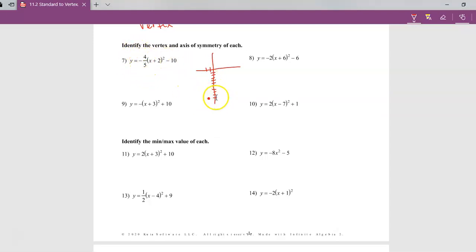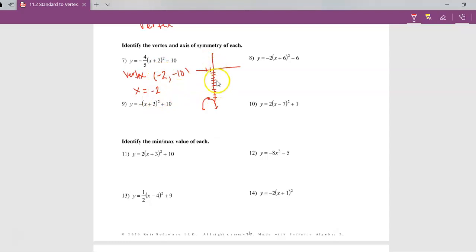The 4/5 is going to make it kind of fatter. It's a vertical compression. Probably should have drawn it even fatter than that. But that's basically what the graph looks like. So the vertex is at negative 2, negative 10, and the axis of symmetry is at x equals negative 2. It's always the same as the x value of the vertex.